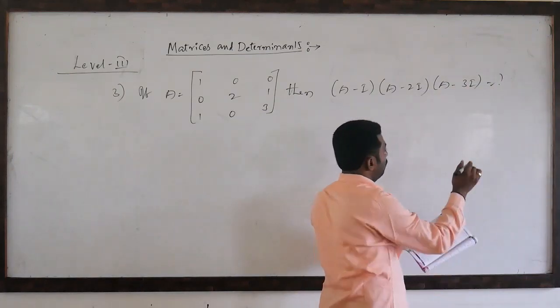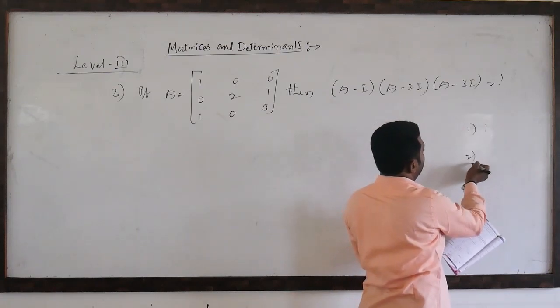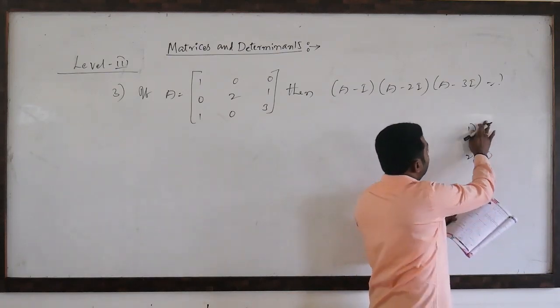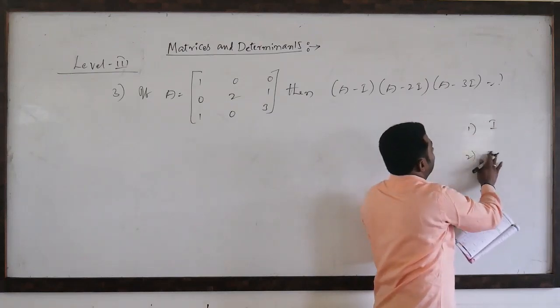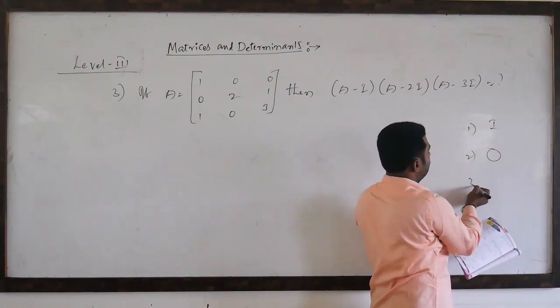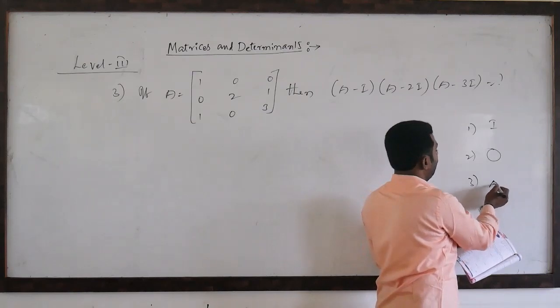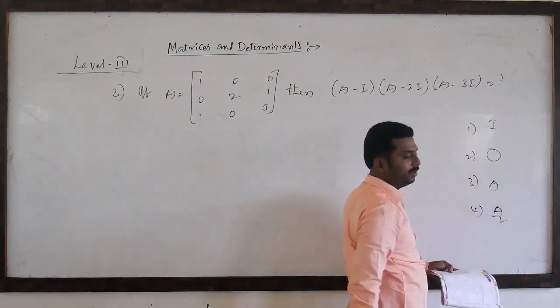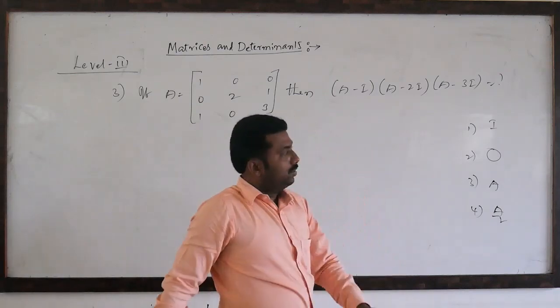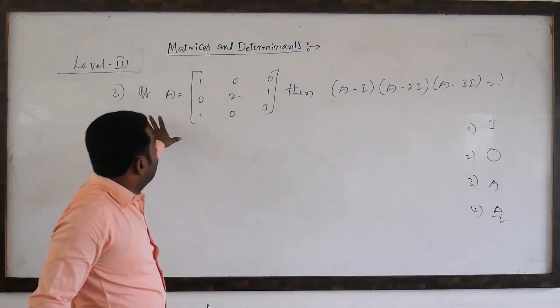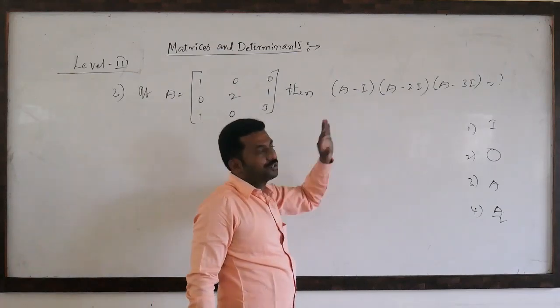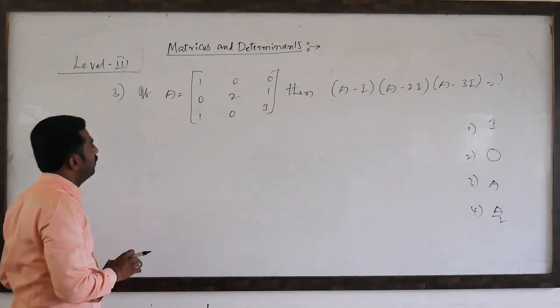So options: 1 0. Actually this is not 1, it should be I. This is null matrix. Third option A. Fourth option A by 2. So what they are asking: one square matrix they given, and these type of options they are asking.